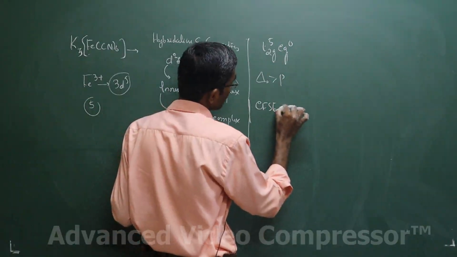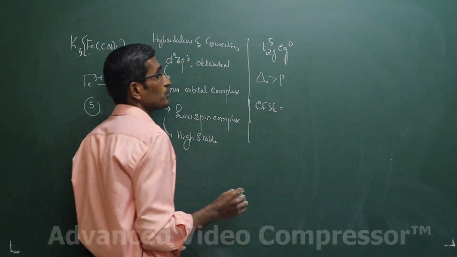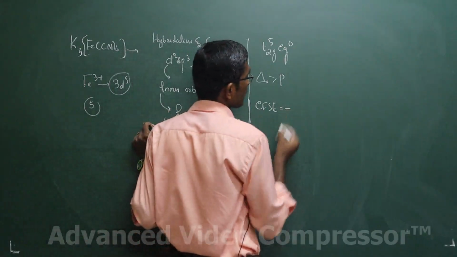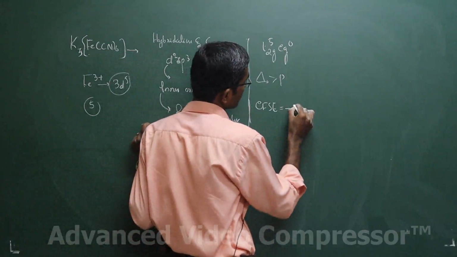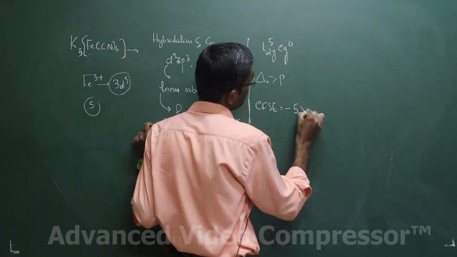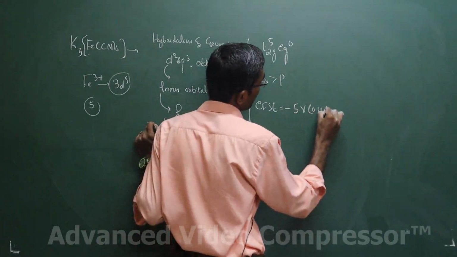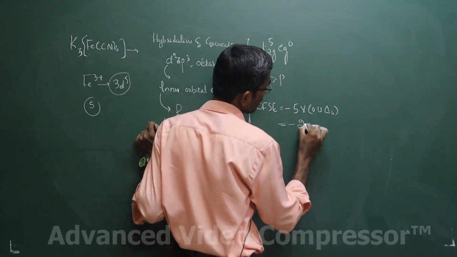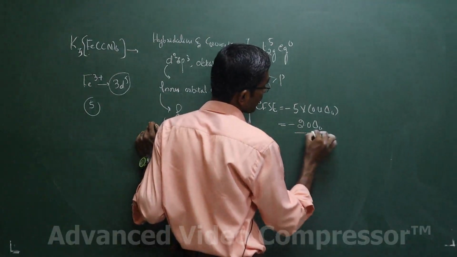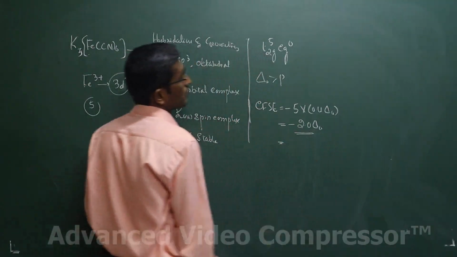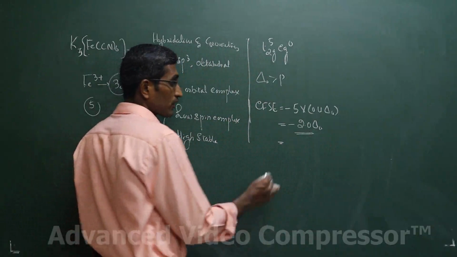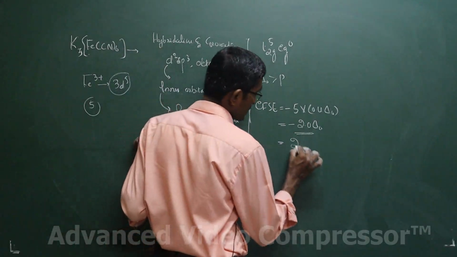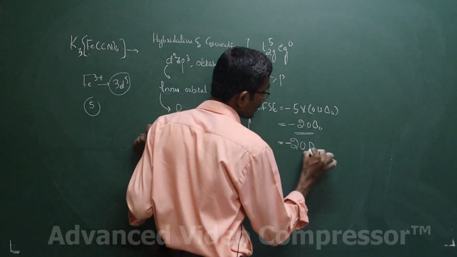The CFSE of the complex, that is t2g5, is minus 5 into 0.4 Δ0, or minus 2.0 Δ0, the crystal field stabilization energy, or I can write it as minus 20 Dq.